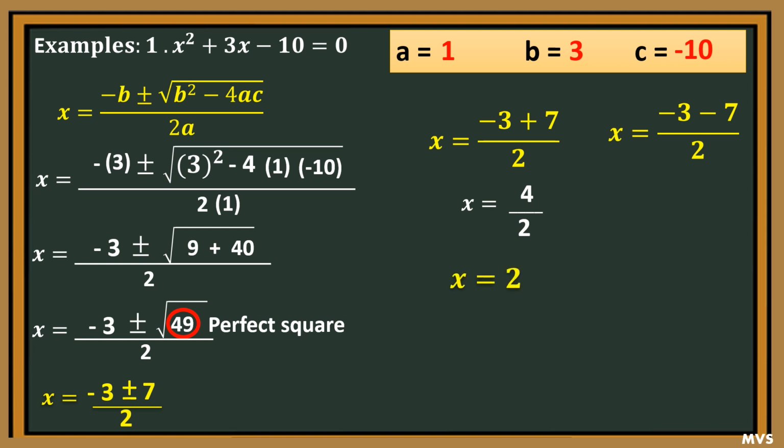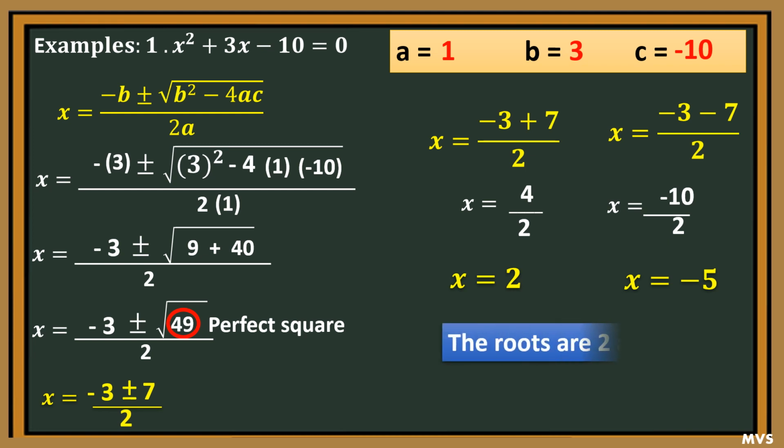Then simplify it, x is equal to positive 2. And the other one, negative 3 minus 7 is negative 10 over 2. Simplify, x is equal to negative 5. Then, what are the roots of the equation? The roots are positive 2 and negative 5.